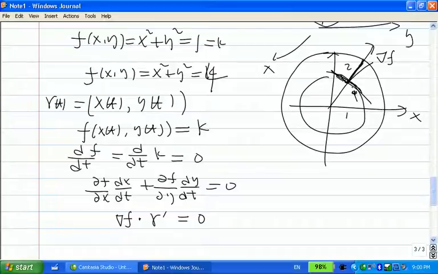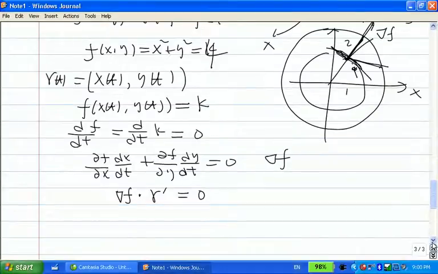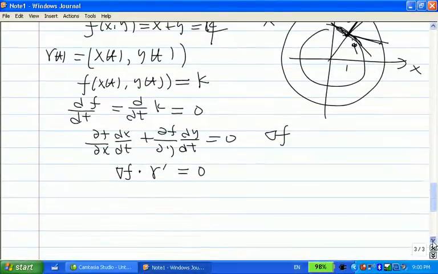If you go this direction, which is gradient f, or you go another direction, for example, from here to there, it could take much longer to get from one level curve to another. So that's why, if you go along the gradient f direction, your rate of change is the fastest.